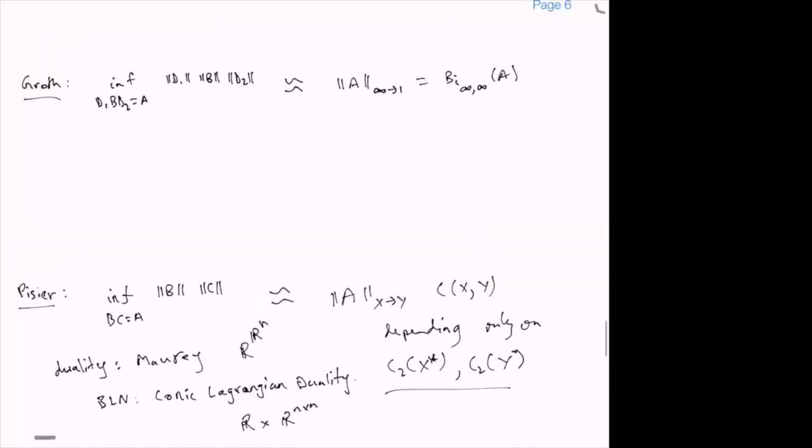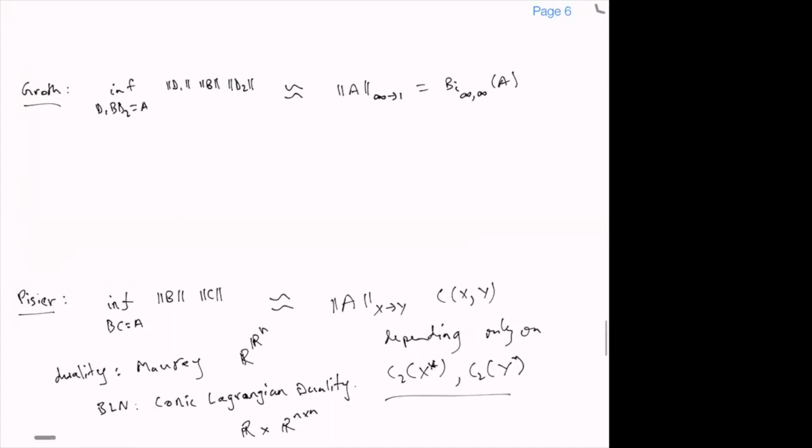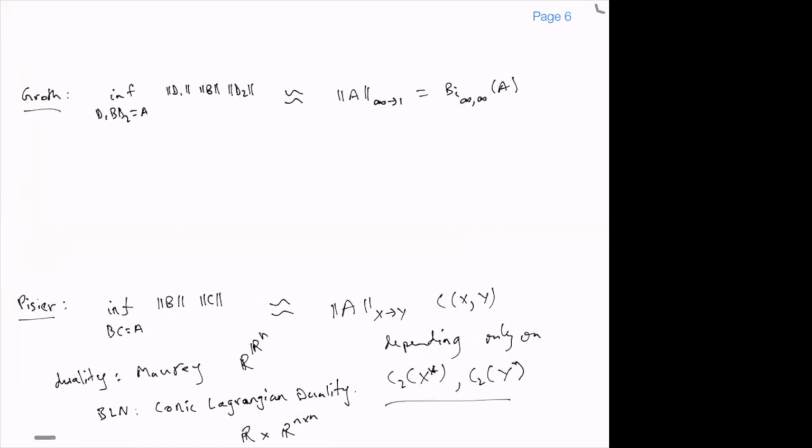We use this different proof of the duality statement to prove another closely related duality statement, which allows the following quadratic factorization theorem, which we believe has gone unnoticed so far. Okay, so quadratic factorization.